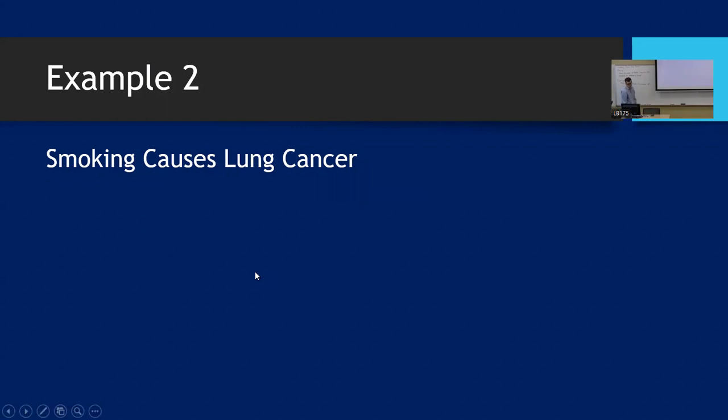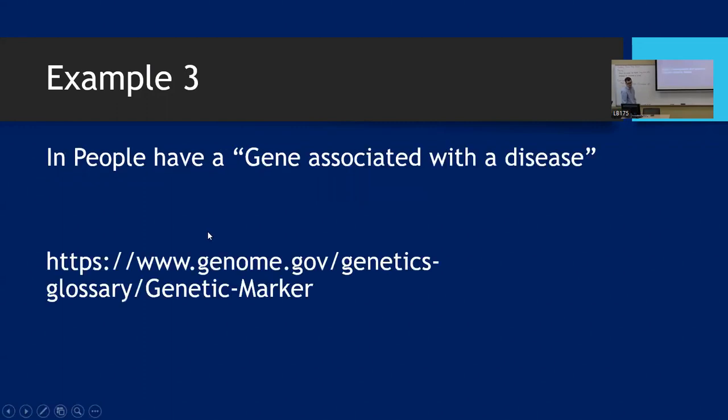By the way, people have done lots and lots of studies about genetic markers that are indicators of getting certain diseases. It's very much a bigger proportion.